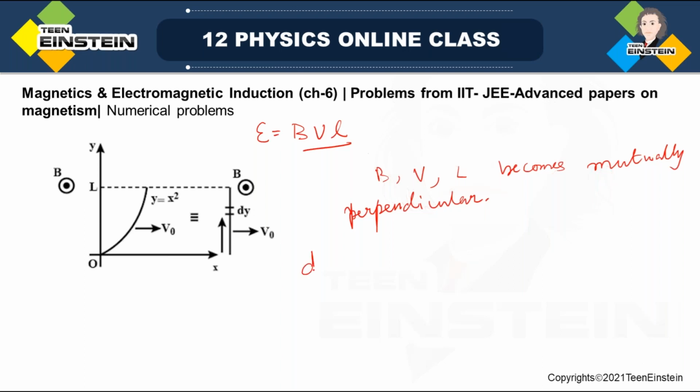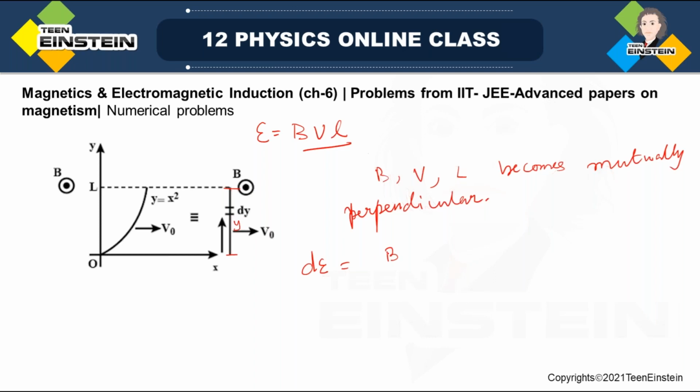Thus we can write delta E is equal to, we can just take an element. If this is the wire of length L, we are just taking the projection of that. The total length is L. So this is the projection, and we take at a distance y a small element of length dy, at a distance y from this x is equal to 0.